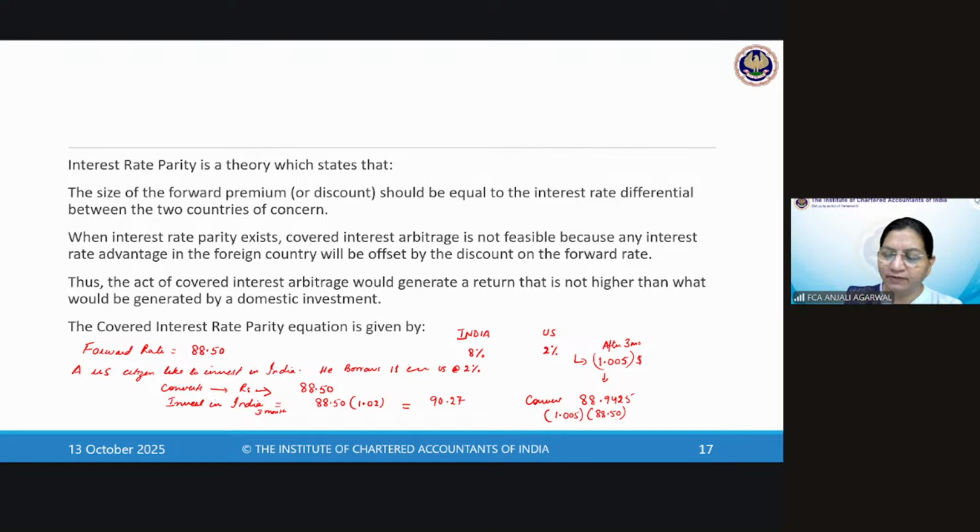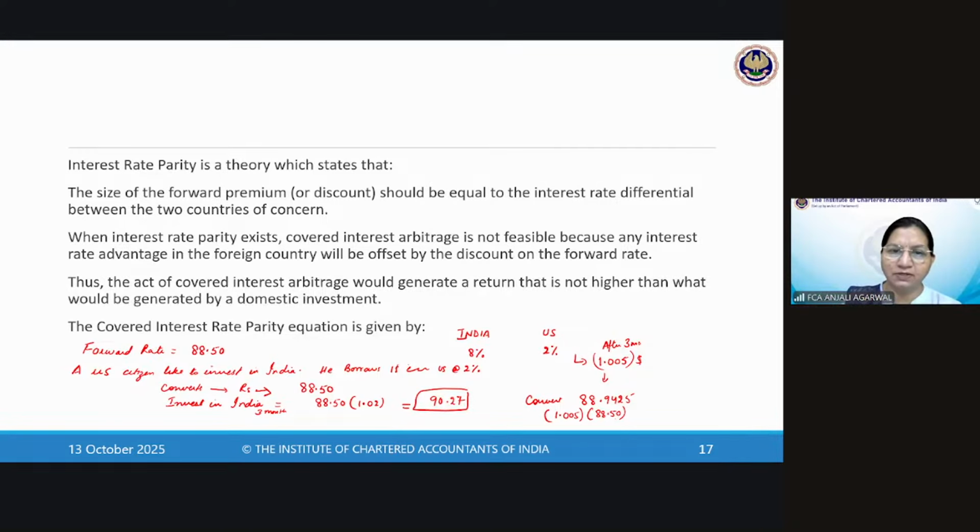So he will pay 88.9425. But how much is he getting in hand? 90.27. So he will make an arbitrage profit of approximately 1.3275, which should not be possible.